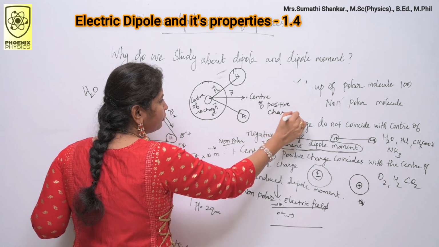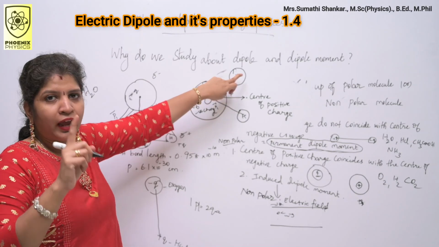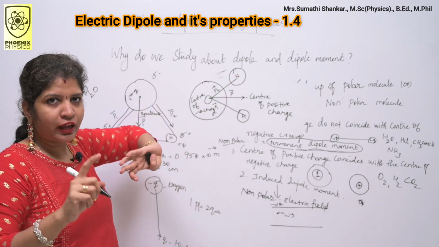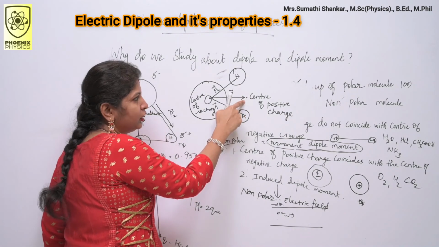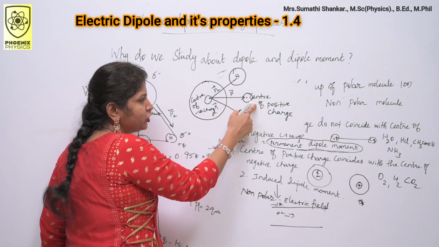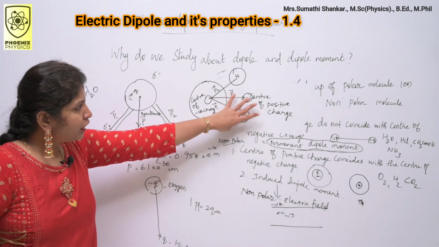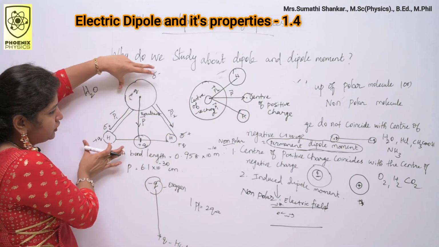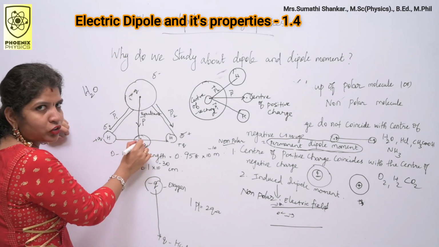By taking the average. This atom has one center of mass and this atom has one center of mass. Add these two values and find the average. The average center of mass lies at the center. So that is why in your book they have mentioned this point as the center of positive charge. Same diagram, only I have drawn it like this. So this is my center of negative charge. This is my center of positive charge.